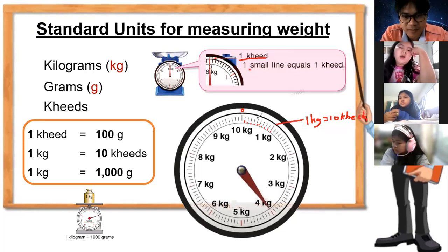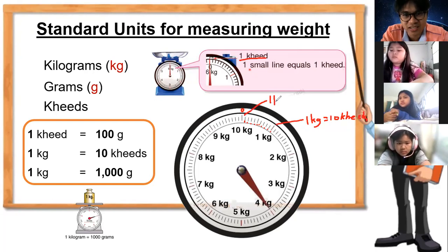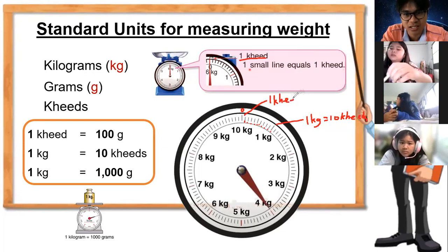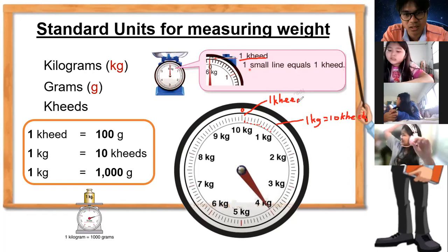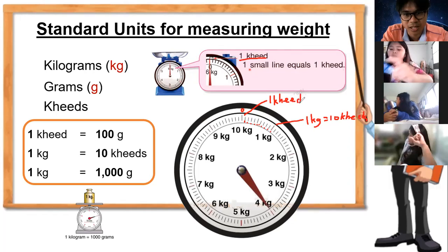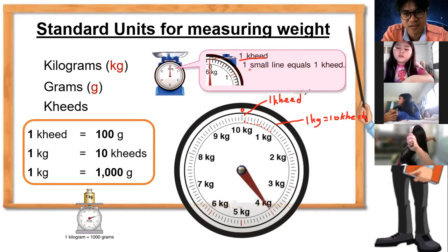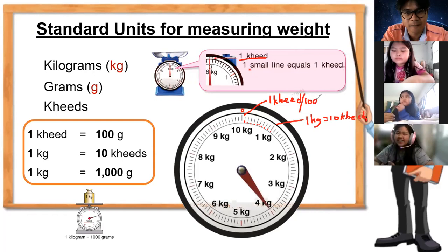Right. And then this one is 1 kid, or how many grams? Each line, 1 kid is equivalent to 100 grams.